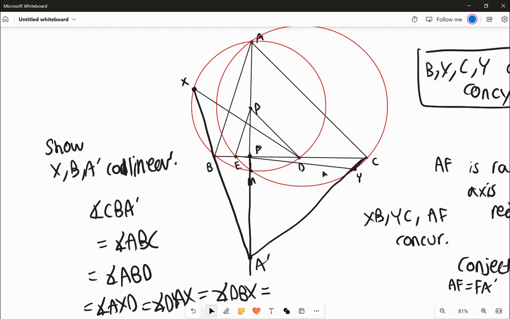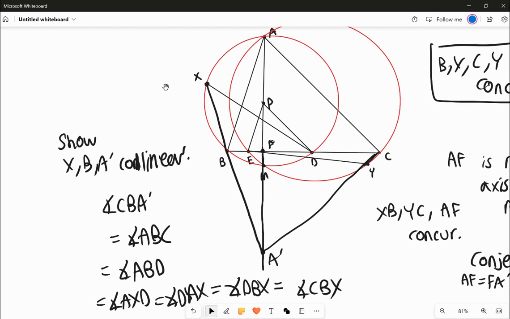And because D lies on BC, this is directed angle CBX. Hence, X lies on line BA prime. Similarly, Y lies on line A prime C. So XB and YC intersect at the point A prime, which is a reflection of A across BC.